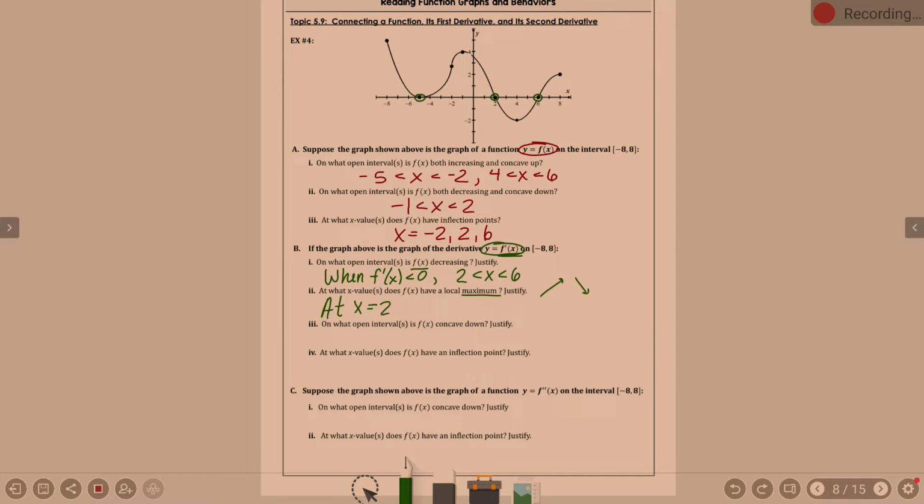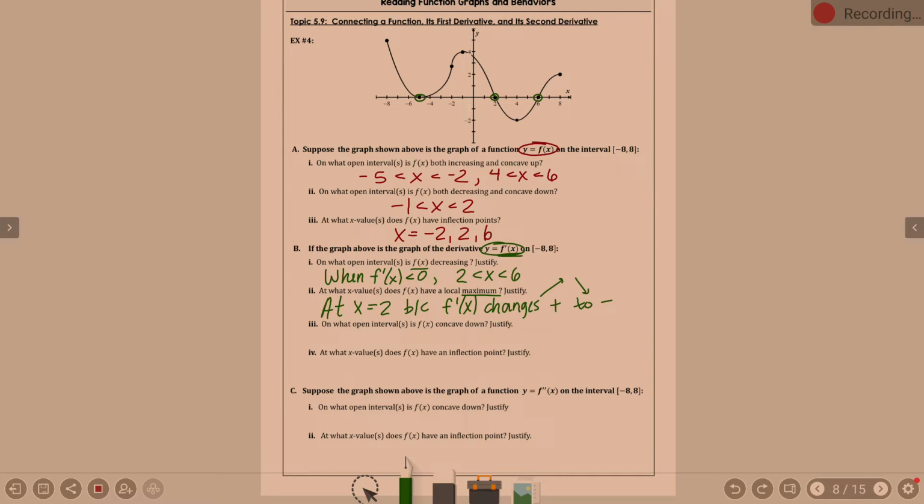At x equals 2, because f prime of x changes positive to negative. Okay.